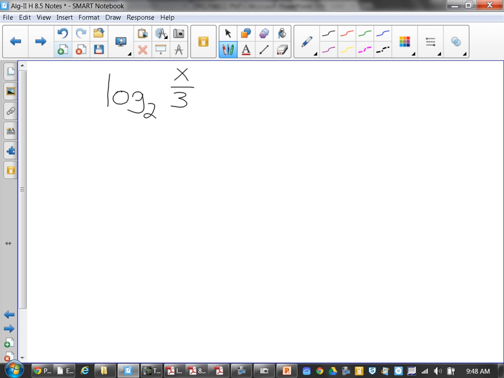When you do that, what are your two logs you rewrite it as? Log base 2 of x minus log base 2 of 3. That's all it is. Okay? We're expanding in this case. We are expanding.